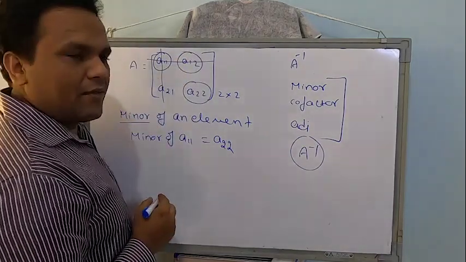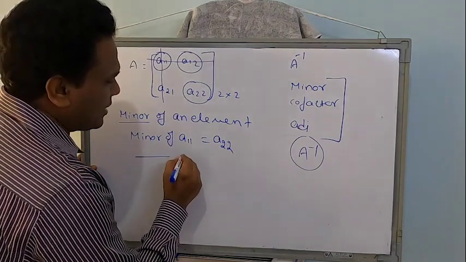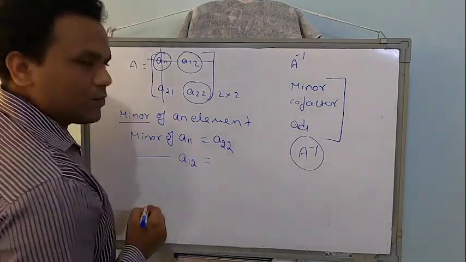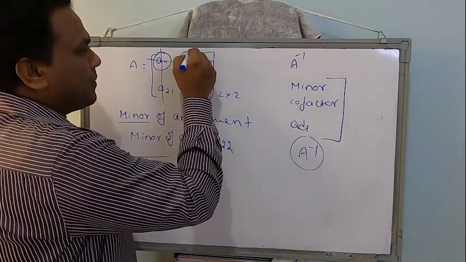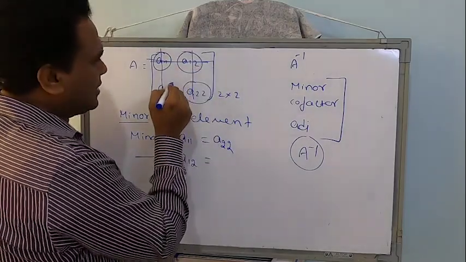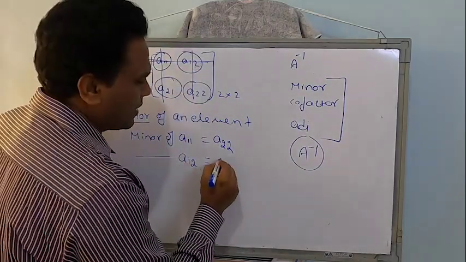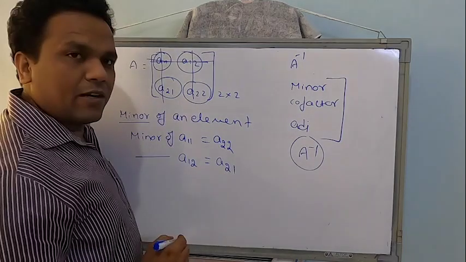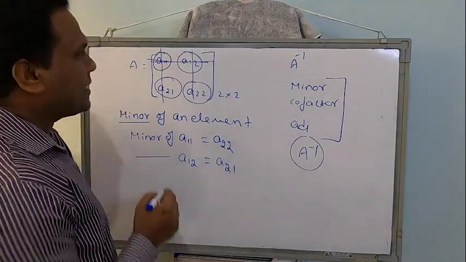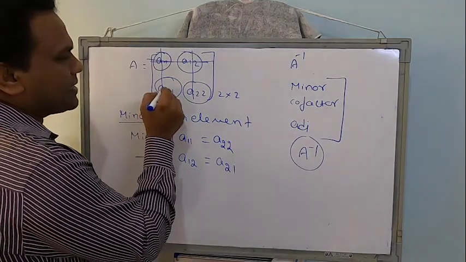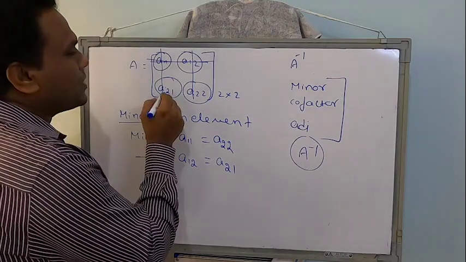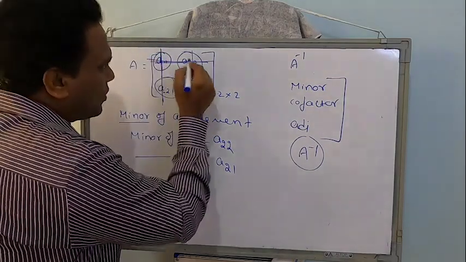Now, let me take up A12. It is an element of the second column and first row. Leaving that, what is the remaining element? A21. So, minor of the element A12 is equal to A21. Like that, let's come to the next element, A21.